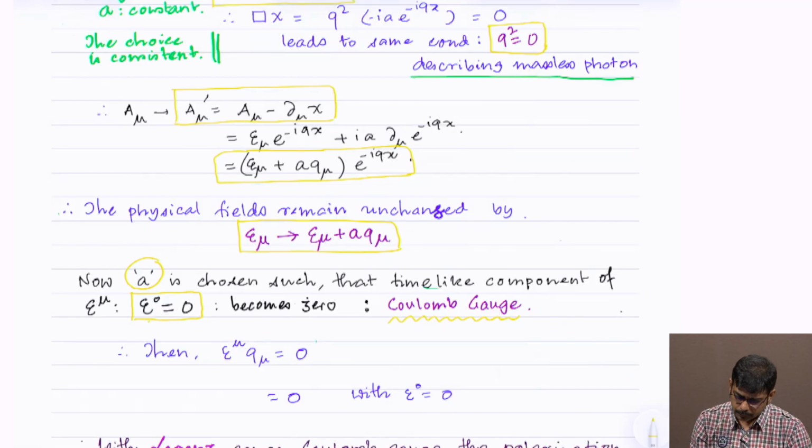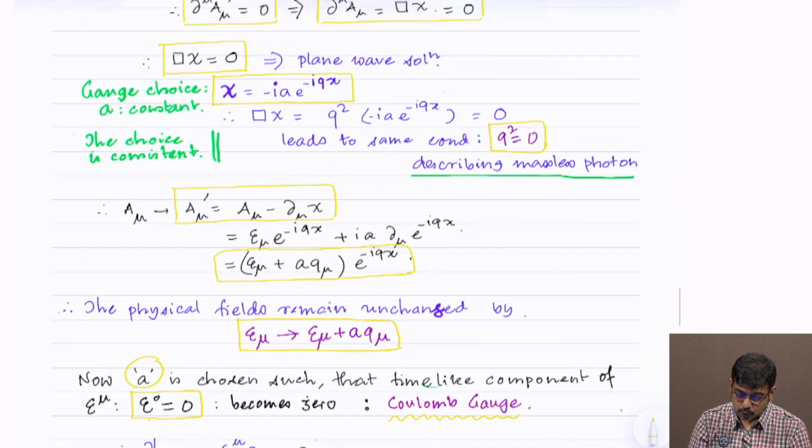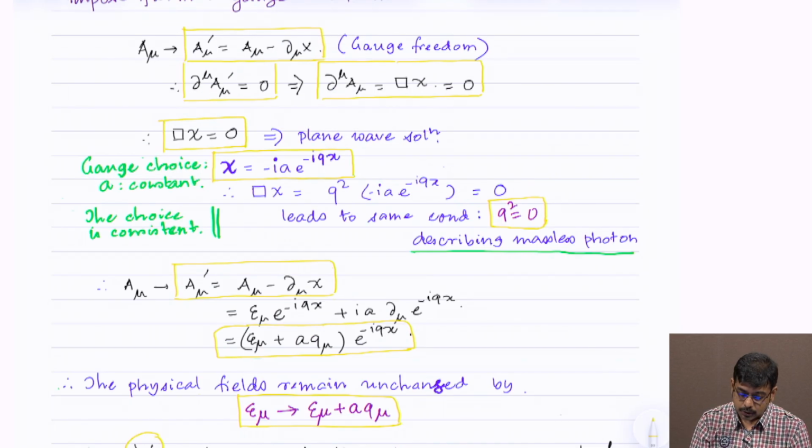Now, what is the condition that I impose on the polarization vector from the Lorentz gauge condition? This simply comes from the fact that if you take del mu a mu equal to 0, then this is del mu epsilon mu equal to 0, or epsilon mu q mu equal to 0, which says that you can only have 3 independent degrees of polarization for the photon field. Then what kind of chi can you choose?